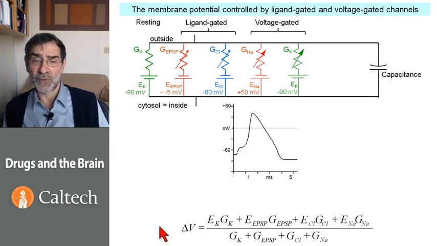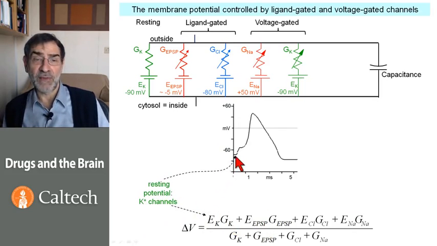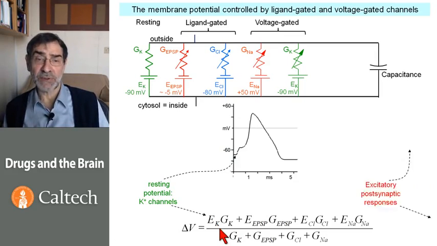Here is our familiar equation, which is dominated by terms in the Nernst potentials or the reversal potentials times their conductances. And at the beginning then, before the cell gets a stimulus, we're dominated by the resting potential through potassium channels. Not completely, but mostly, as you'll see.